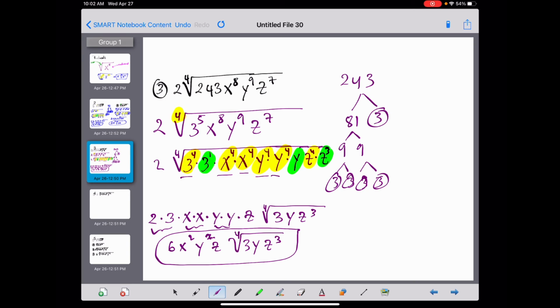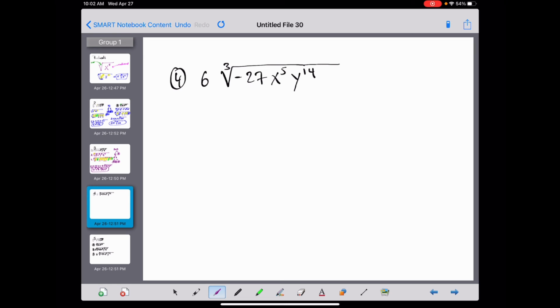Okay, let's move on to number 4. Notice we have a negative base, okay? So for now, let's break down that negative 27.